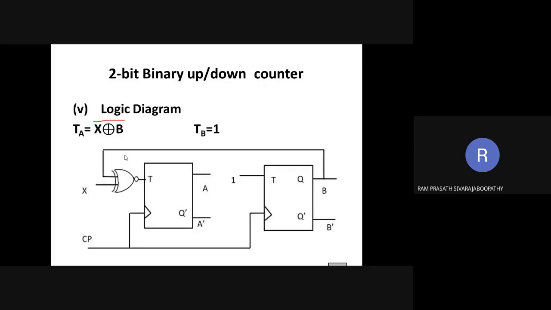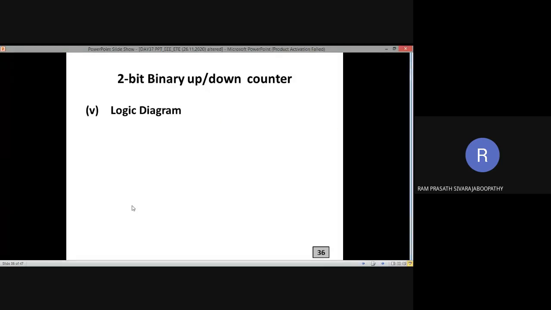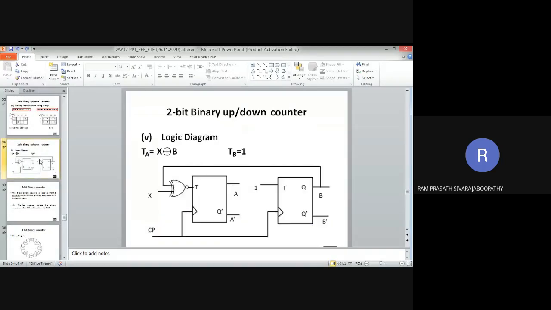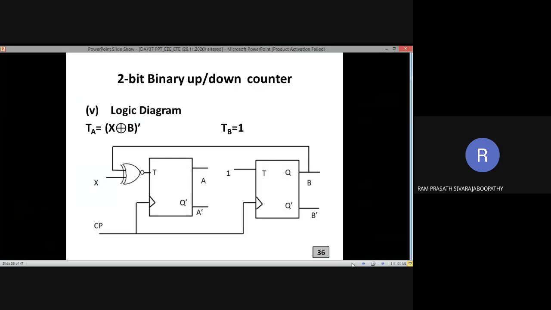Okay, TA is X XOR B whole bar. XNOR na சொல்லலாம் இல்ல XOR B whole bar na சொல்லலாம். So XNOR na simply we can write.